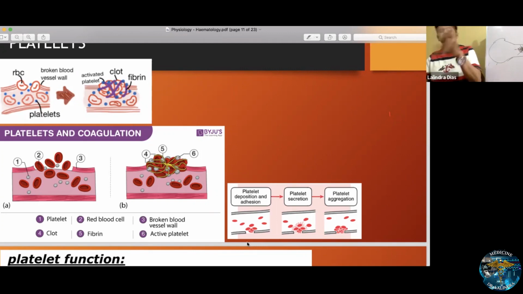Right. So once the platelets get adhered, they secrete various substances, and to that you get more and more platelets coming and sitting together and making a big, nice blood clot. You don't have any more bleeding, and that's called platelet aggregation. So these are the functions of platelets, as you are aware.